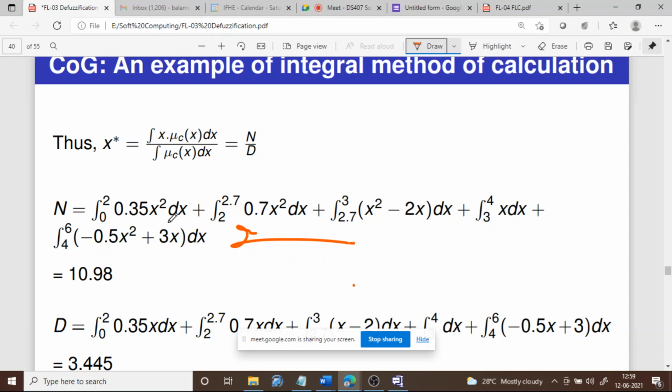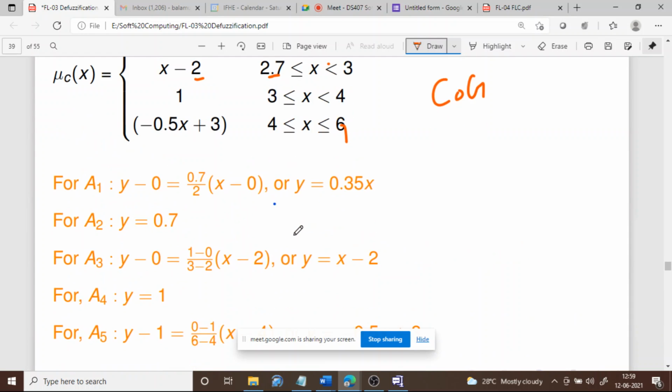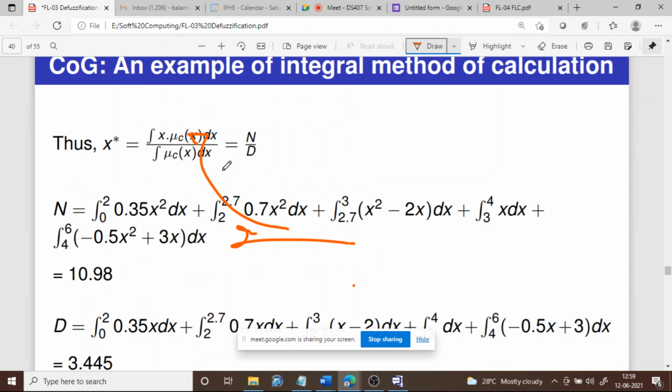So this is the numerator part and this is the denominator part. Here we are writing the numerator part alone. So 0.35 x squared. Why does this x squared come? Because here it is 0.35x, and as per the formula you have to multiply another x, because it is x into the membership function into dx. The membership function is 0.35x, but apart from that you have another x, so you get x squared dx.